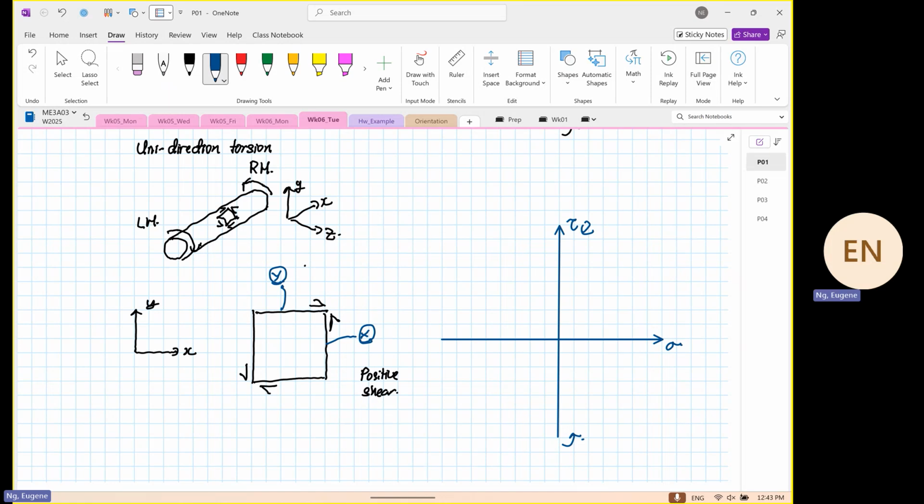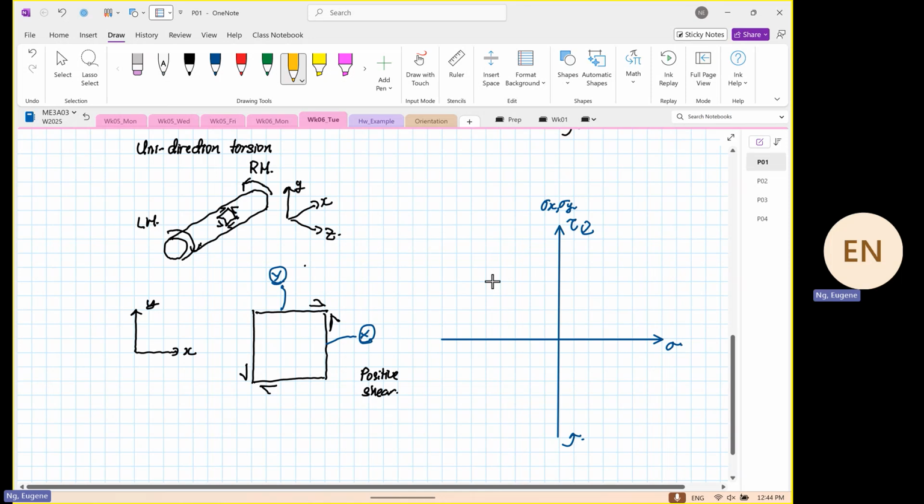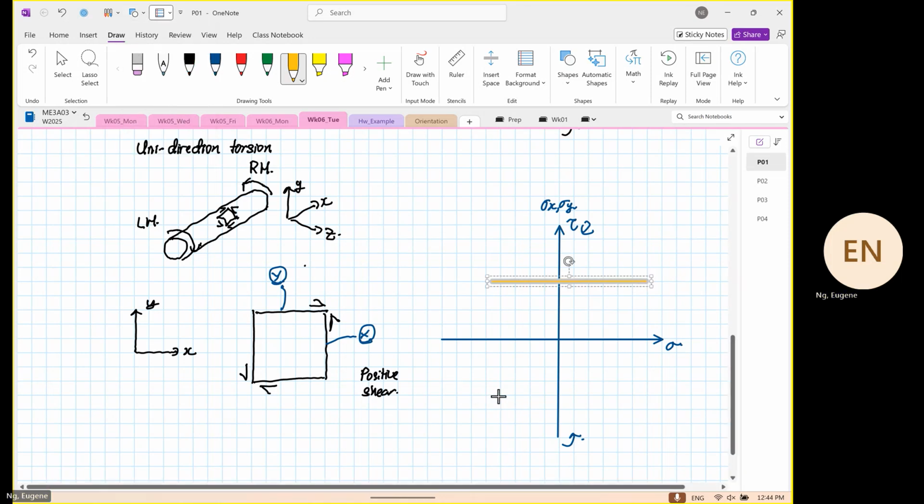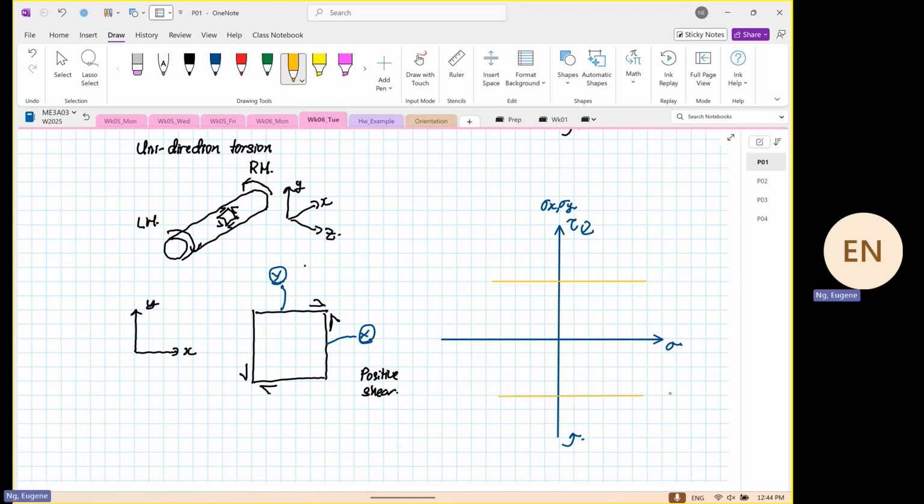Can you all do me a favor? On your own account, label where is point X and where is point Y, just under shearing stress. And the fact that we know that stress X and stress Y are on this line. Then I'm going to sketch this. This is our shearing line. Which one is your point X?